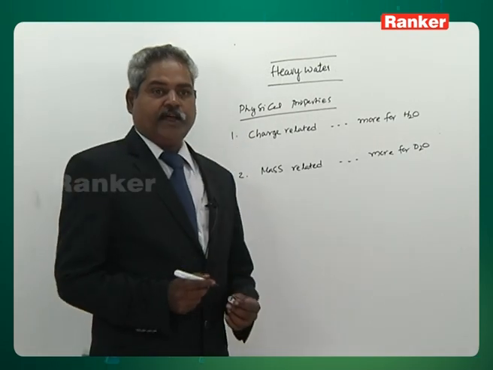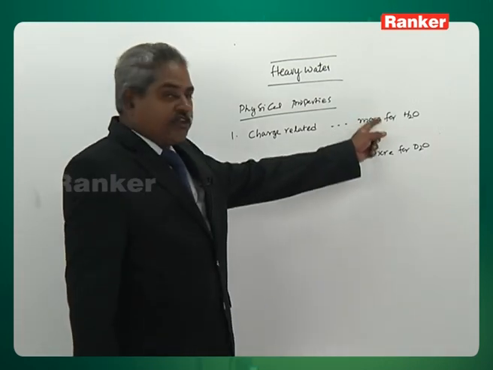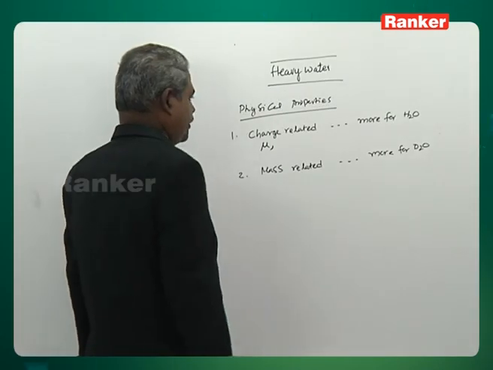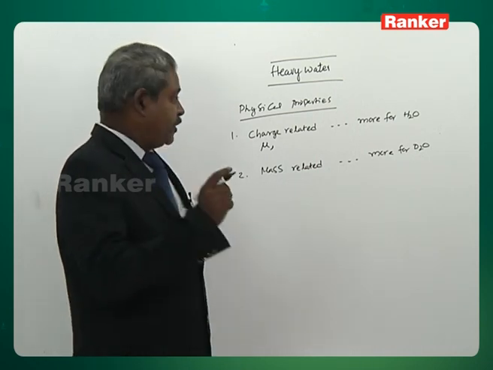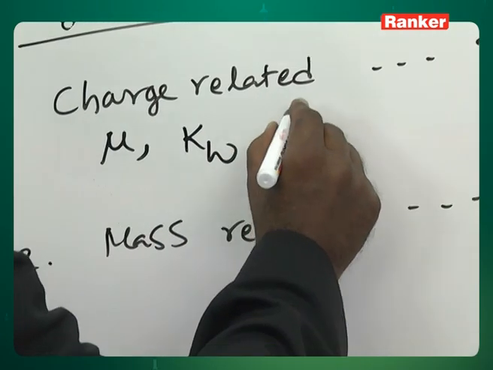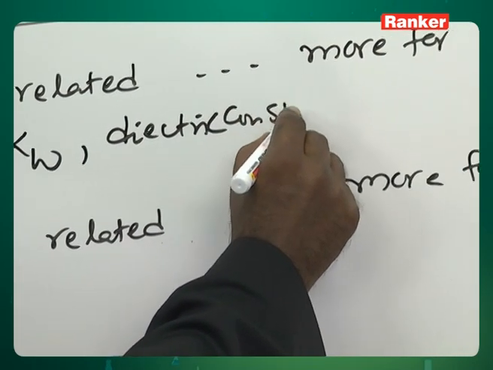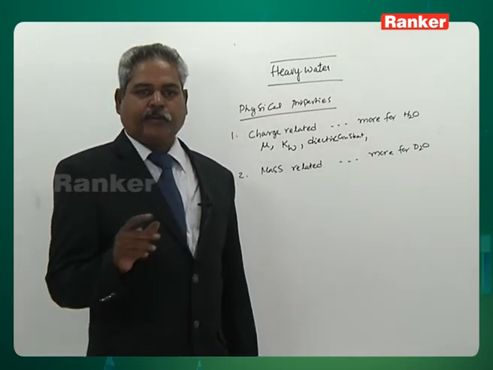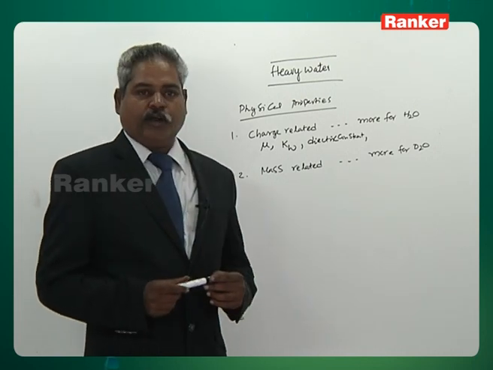What are charge related properties? Dipole moment. You know dipole moment is because of H plus O minus. And ionic product, the concentration of H plus ions, OH minus ions, Kw. And dielectric constant, the charge separation between capacitors, more for H2O.